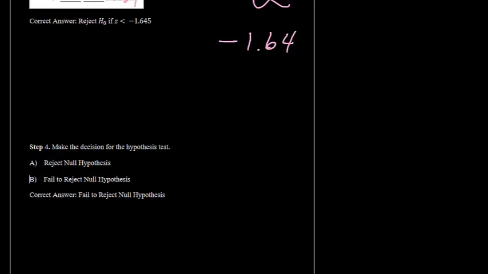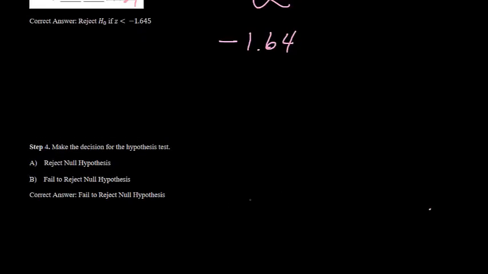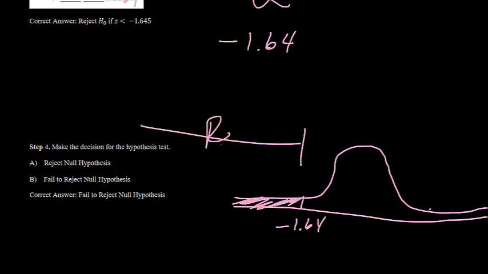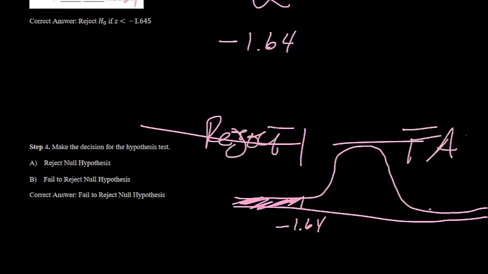Step 4, almost there, people. Make a decision on the null. Come on, you're too far away. Reject or fail to reject the null hypothesis. So just like we had before, let's draw our curve. Here's our normal curve. It's terrible. And out here we have negative 1.64. Anything on the left-hand side, I am going to reject the null. Anything over here, I'm going to fail to reject the null.